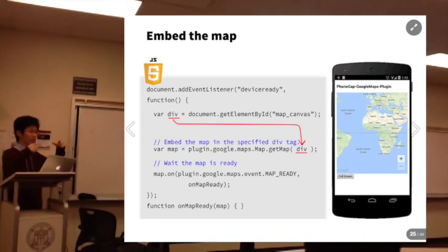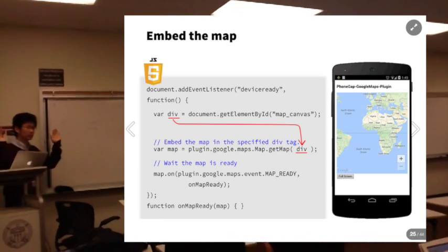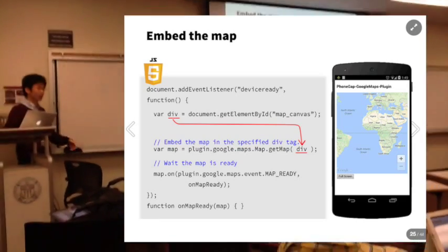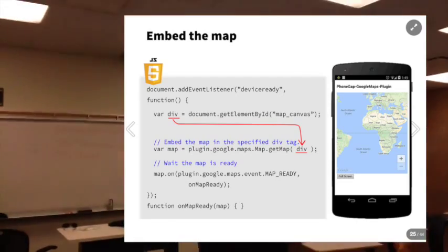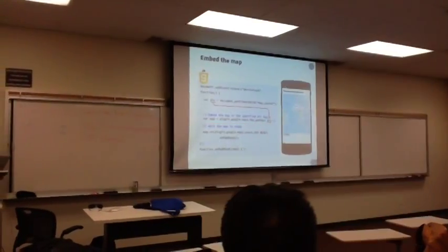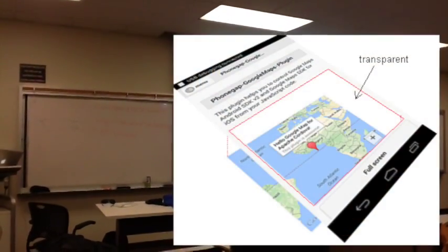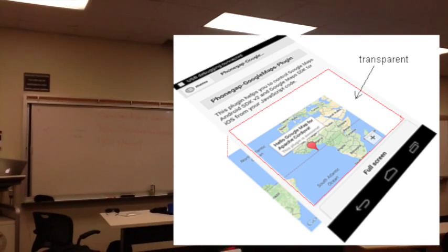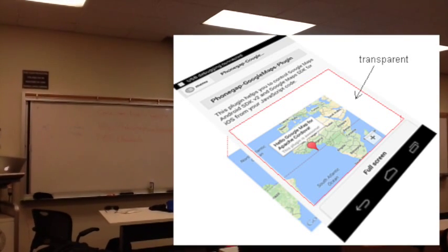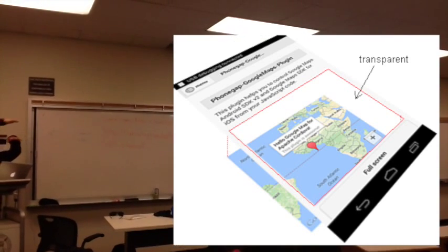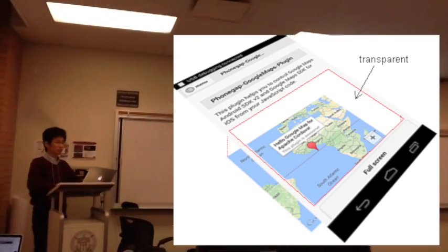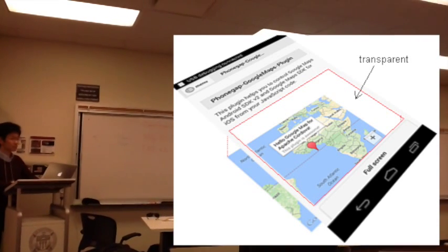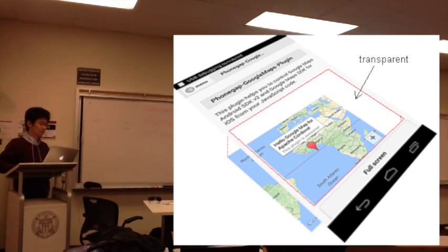Flash cannot run on smartphones anymore. So my plugin works with the PhoneGap browser because my plugin places the map view under the browser like this. It's kind of difficult. You mean the low level? Yeah.